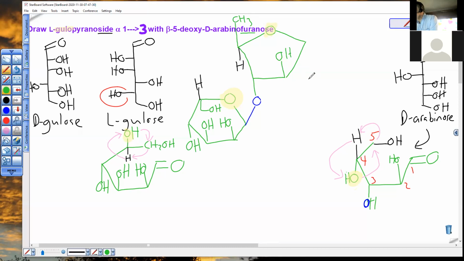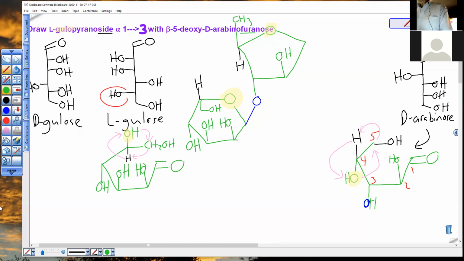The only thing we have to do now is decide which way the anomeric OH points on this thing. And how do you know it's an anomeric OH? What's the ending? OSE. OSE means hemiacetal. It's going to have an OH. It's beta, which means it's cis to the CH2OH, which is now a CH3.